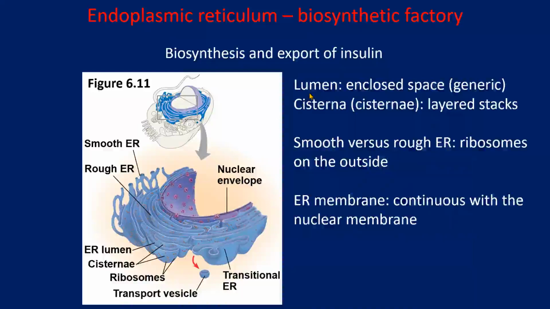When you think about the lumen, it is an enclosed space, the cisternal layers packed together. Again, you can see the endoplasmic reticulum is continuous with the nuclear membrane, or nuclear envelope.